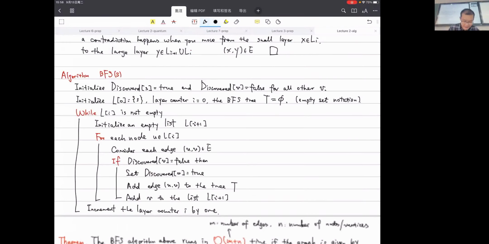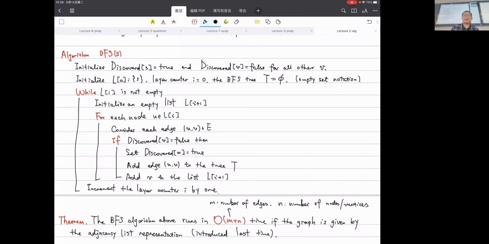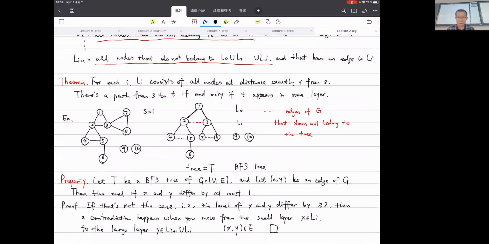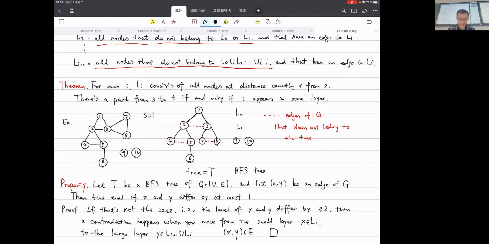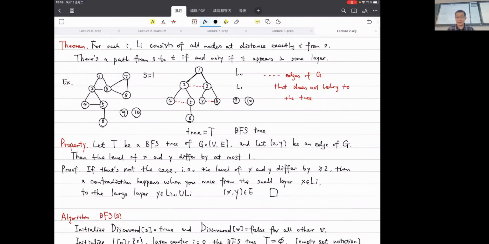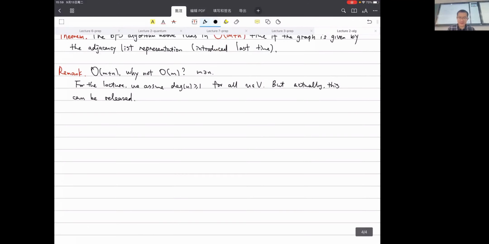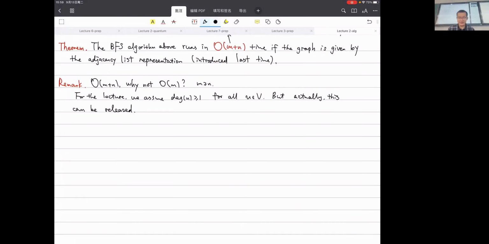But in general, considering the BFS algorithm here, when you initialize the discovered array, you are actually going to have that cost. If you have a graph with only 8 vertices, but there are a million vertices that are not connected to any other but still in this graph, then you are going to pay this cost. So it is just for our convenience in the class that we assume there is no isolated vertex.